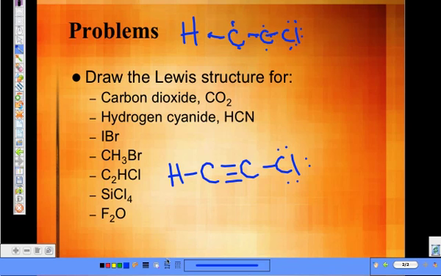Okay, so now these electrons right here, here, here, and here, those 4 all go in here and form a triple bond. That's how we get the triple bond.